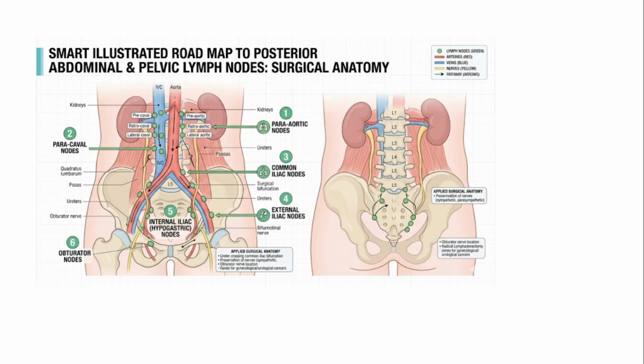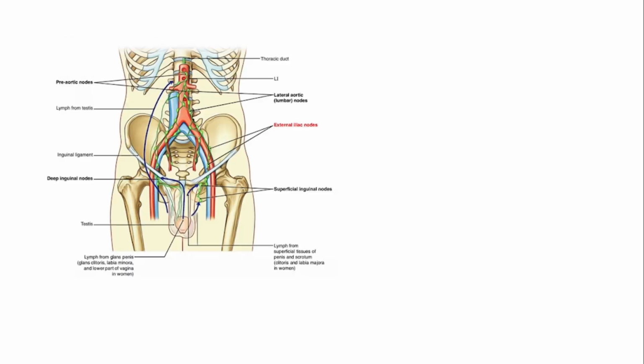So our applied anatomy is how to preserve the sympathetic and parasympathetic nerves and the obturator nerve, especially in gynecologic oncology and urogynecology. So let us start, with more simplification.